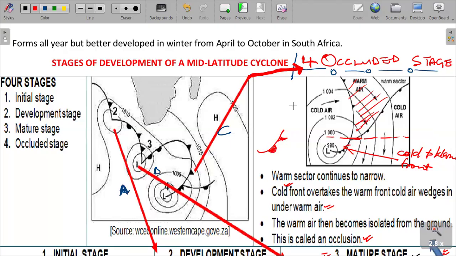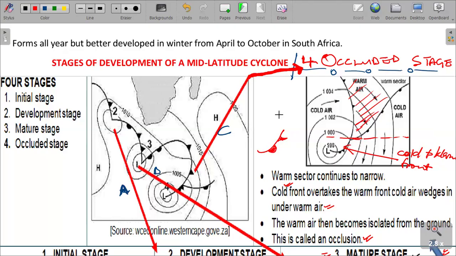The isobars no longer have the pattern of the mid-latitude cyclone and resume a regular pattern, because the cyclone is no longer present, hence it is dissected. In stage 5, which sometimes is not there, there may be light gusts of cold air found on the ground, which can be the final thing shown.